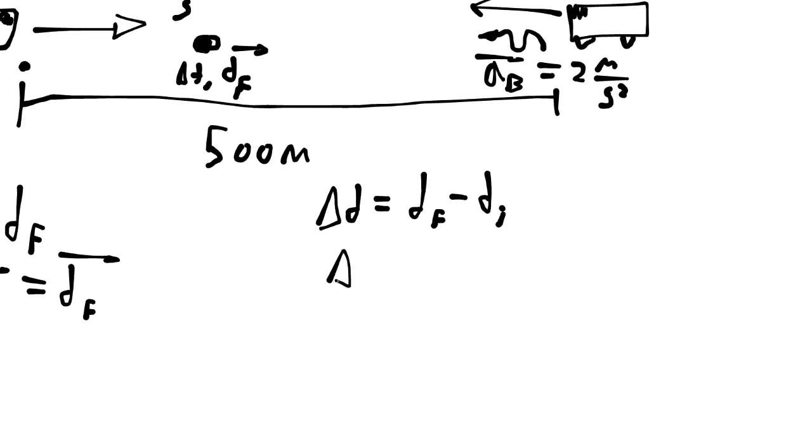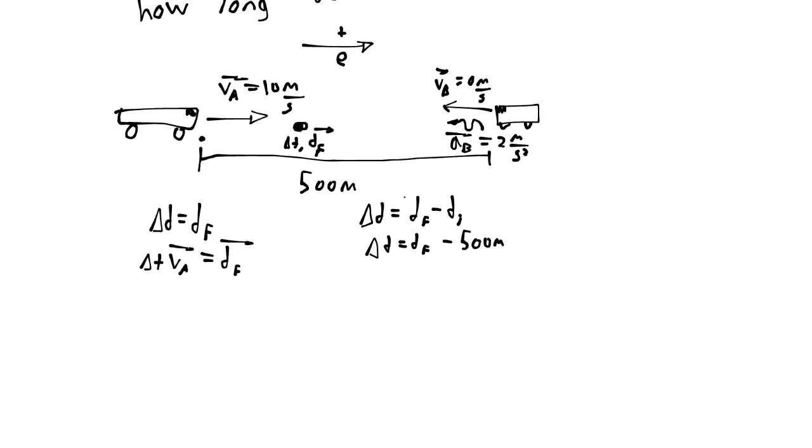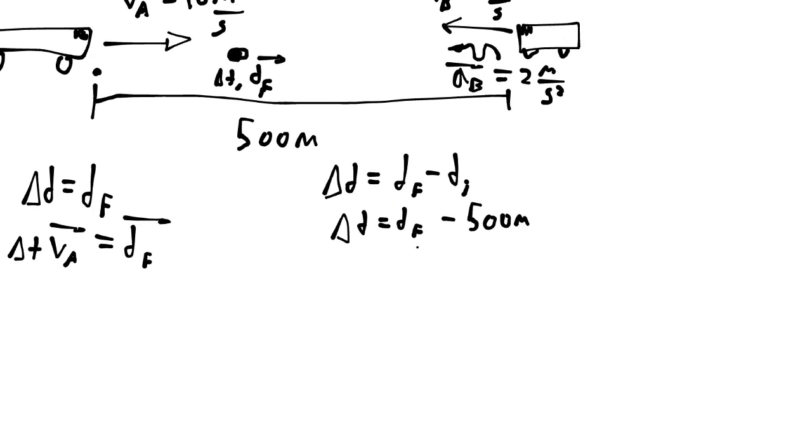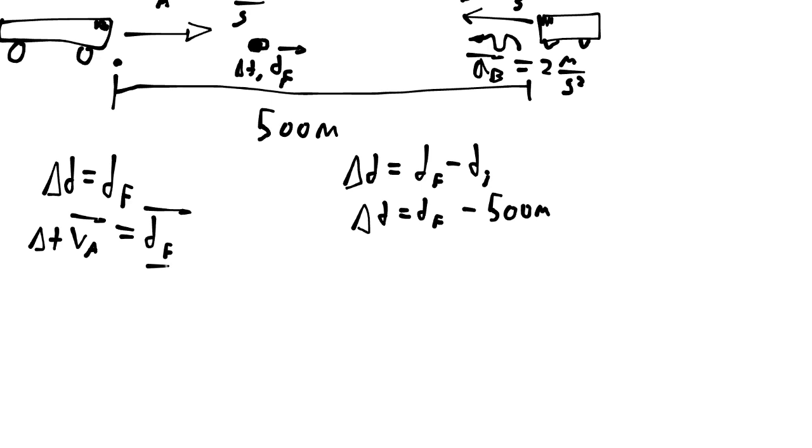So it's going to be delta d equals df subtract 500 meters. And then you're just going to rearrange this because again you want the final position to be on one side, so delta d plus 500 meters equals final position.